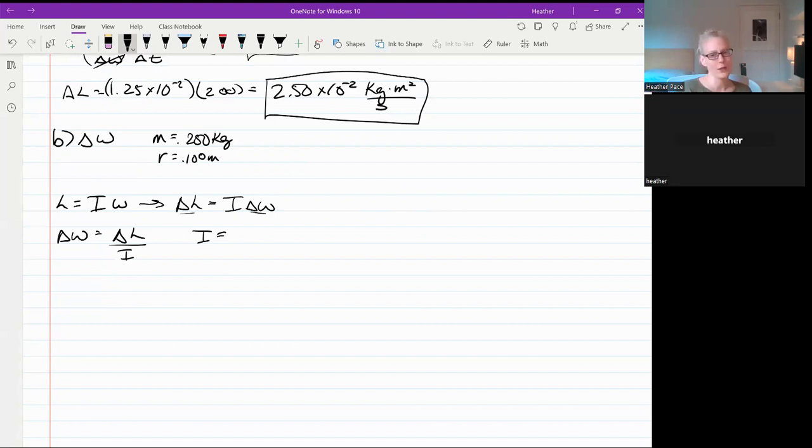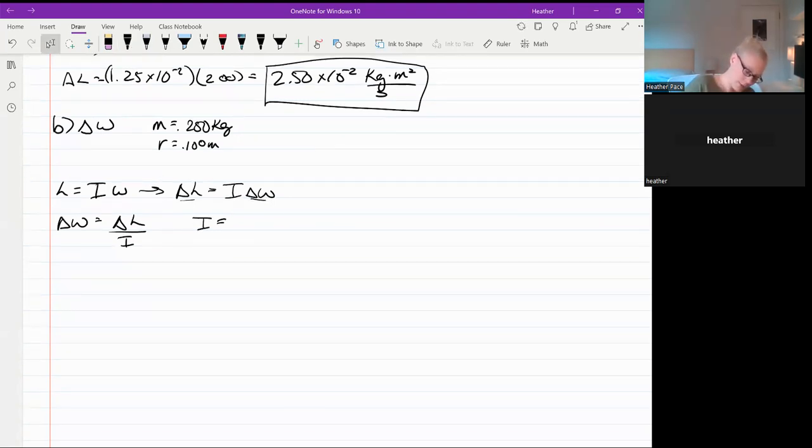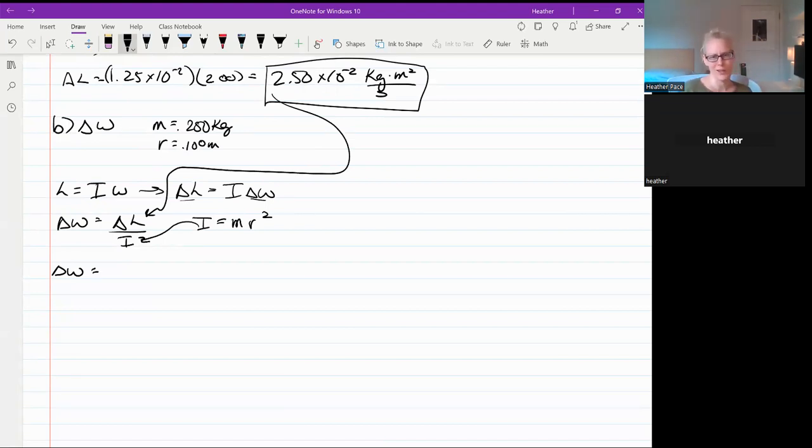They are constant equations. So looking up online, we have I equals mr squared. So now we can put this in here and this in here, and then it's just what they used to call plug and chug. I don't think anyone says that anymore.